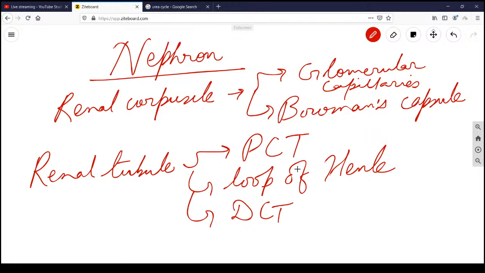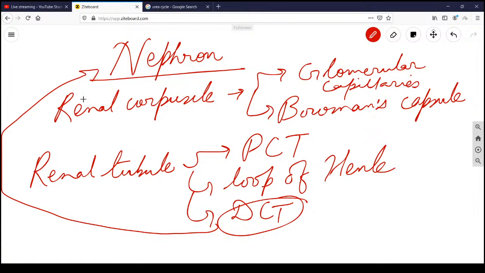So PCT, DCT. In this question you have the distal convoluted tubule, so DCT is very much a part of the uriniferous tubule of a nephron. You have 1.25 million nephrons in each kidney.